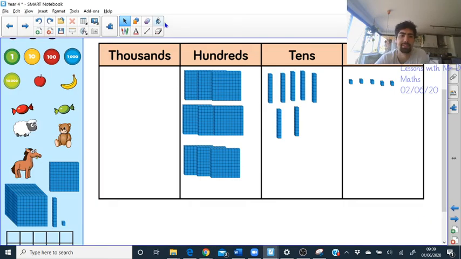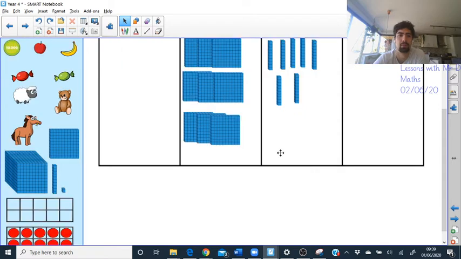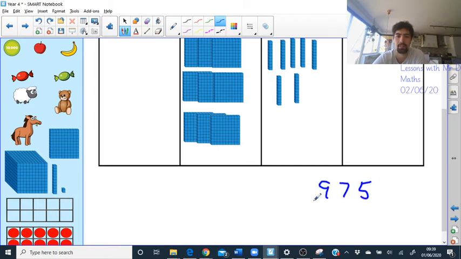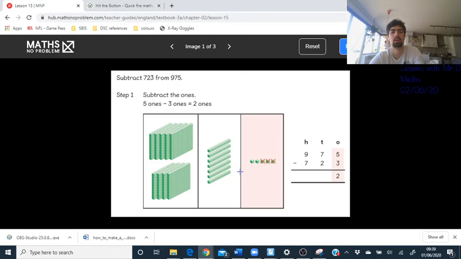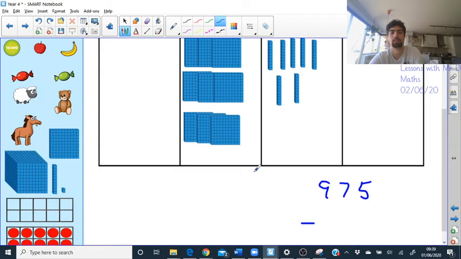Let's do what they've done. Let's run the column. Let's see how that looks in column method as well. 9, 7, 5. Take away, get your symbol in. 723.